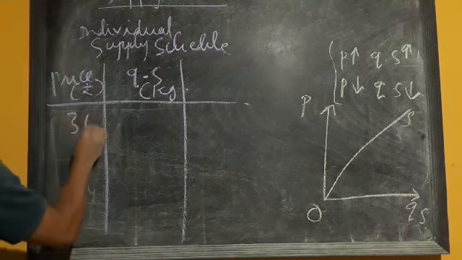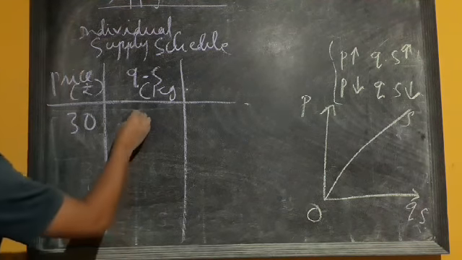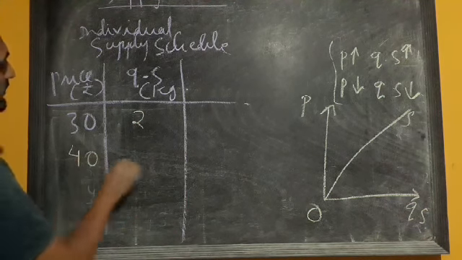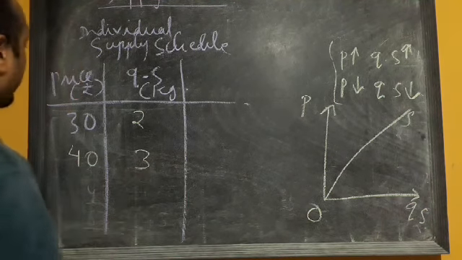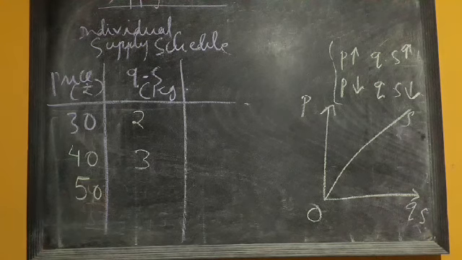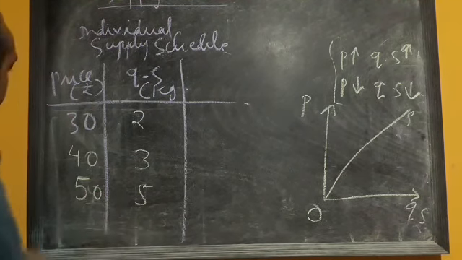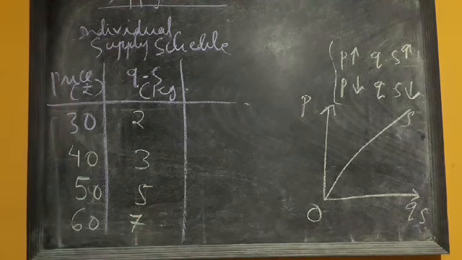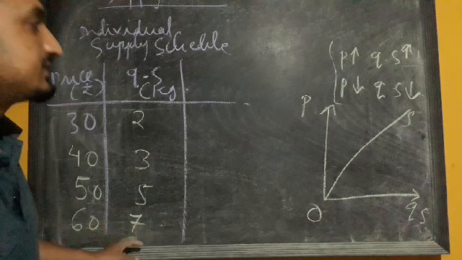Now when the price is 30 rupees, quantity supplied is, say, 2 kg. When price increases to 40, suppose quantity supplied is 3. Again, when price increases from 40 to 50, suppose quantity supplied is 5. Similarly, if price increases from 50 to 60 rupees, suppose quantity supplied increases from 5 to 7.